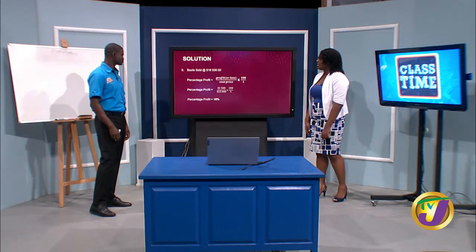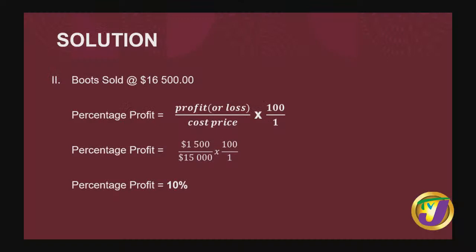So part 2 of the question said, if the boots are sold at $16,500, we are now supposed to calculate the percentage profit. We know that our cost price is $15,000 and that the boots are now sold for $16,500. So we need to calculate our profit by subtracting our cost price from our selling price.